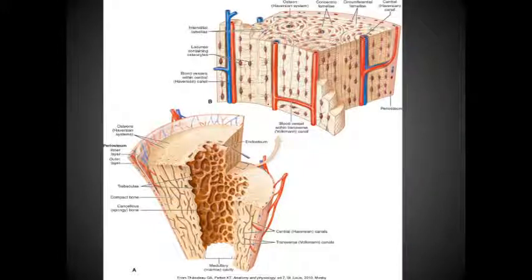And so, because of that, we have this cross-sectional portion here where we can actually see the vessels going through the bones and things like that. So it's very important that we understand that bones are not just some hard material that doesn't require anything.